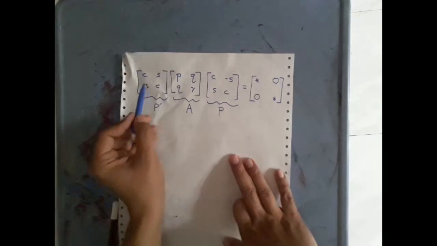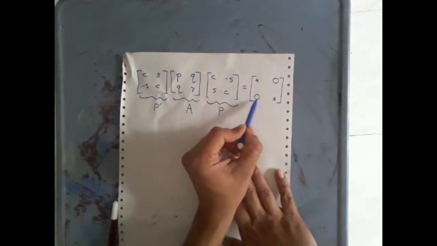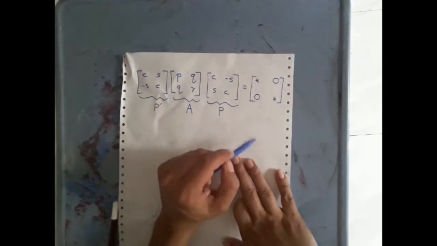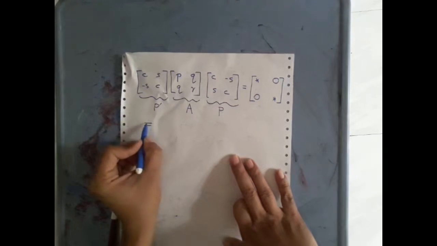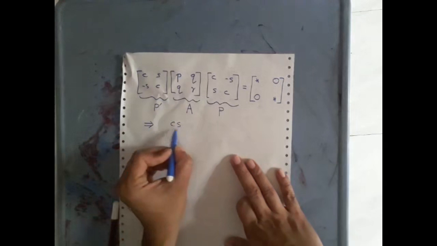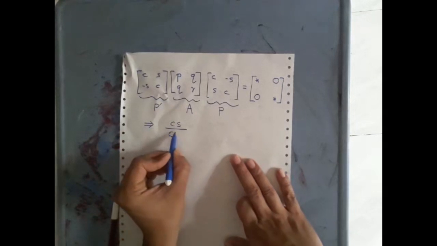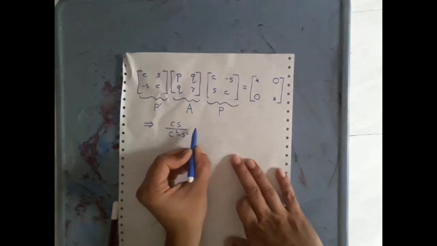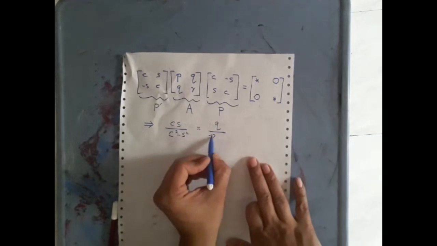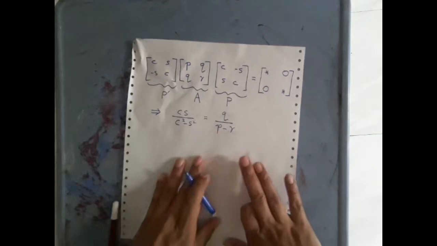So what I will do is I will find out this particular entry in terms of C, S, P, Q, R, equate that to 0, and a little bit of algebraic manipulation, pretty simple, will give rise to this: CS divided by C square minus S square, that will be Q divided by P minus R.